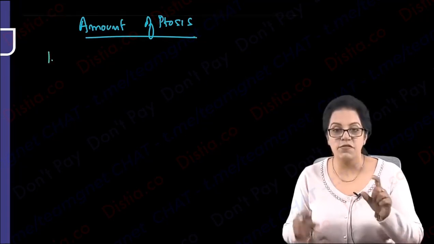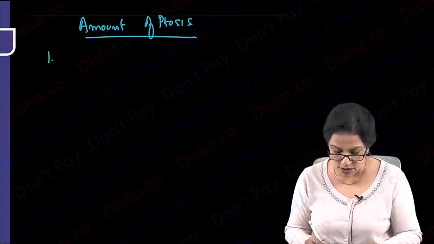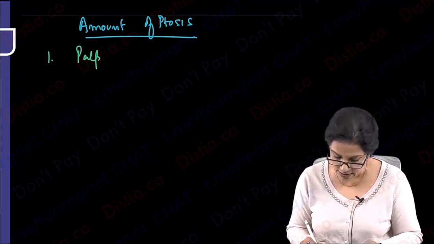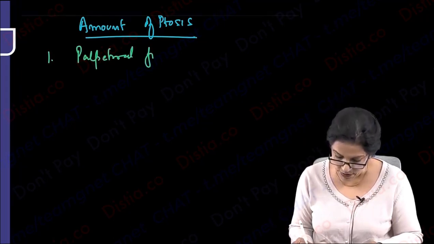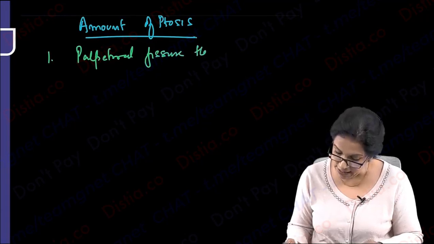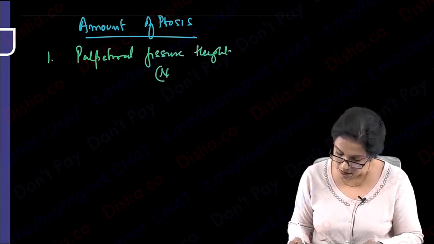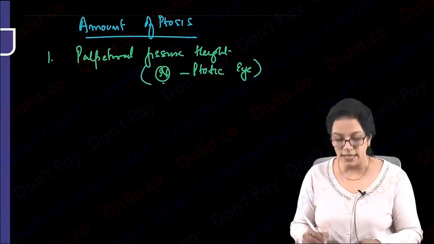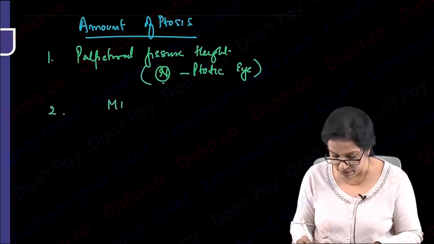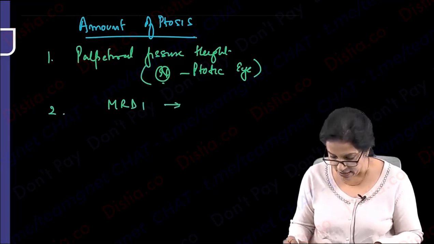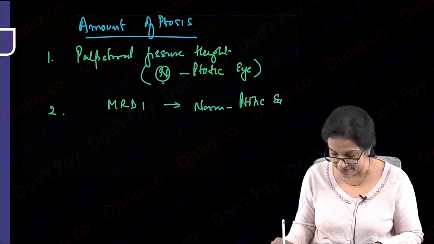First is the difference of palpebral fissure height: I will see what is in the normal eye minus what is in the ptotic eye, and this will give me the amount of ptosis. What second can I do? I can take the difference of MRD1, again normal minus the ptotic eye.